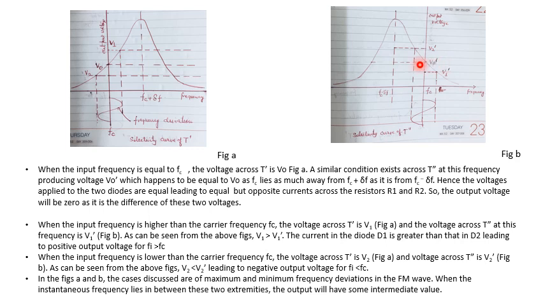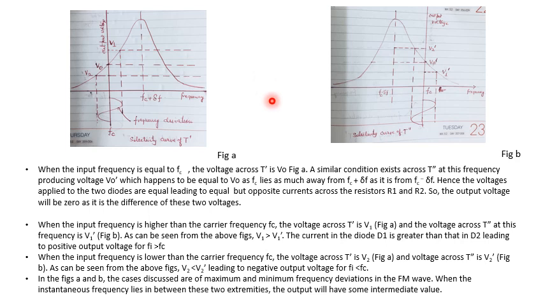But the values of these two voltages are equal. Hence, we can say that if we see the circuit of balanced slope detector, as both the voltages across D1 and D2 are equal, the currents will also be the same. But the directions of these two currents through D1 and D2 are opposite.